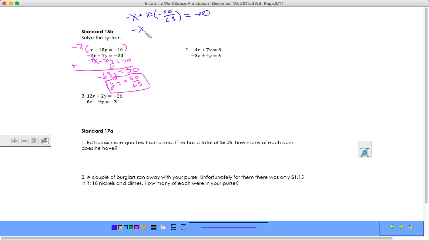So I have negative x minus 500 over 63 equals negative 10. I'm going to add this to both sides, and you can just put that in your calculator. So you do negative 10 plus 500 over 63, and you get negative x equals negative 130 over 63.